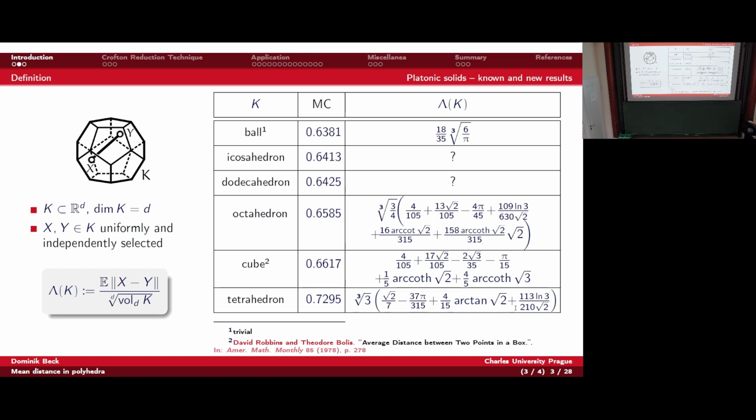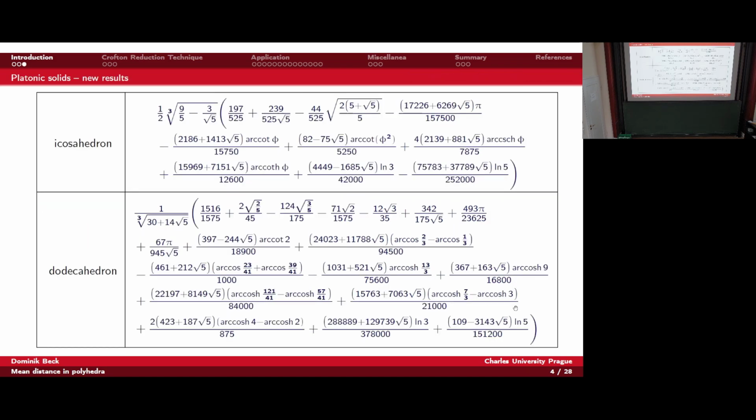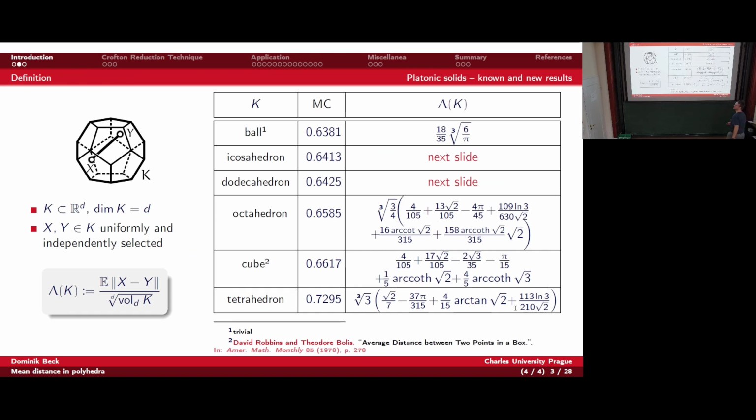Well, I also found the exact mean values of the distance, but they are quite scary. But you can do it.